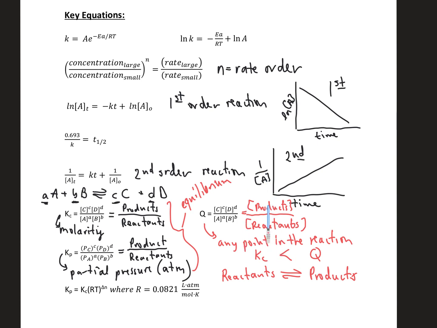Because a larger number divided by a smaller number is going to give me a much bigger number. So when Q is greater than K, I have more products than I would expect at equilibrium.